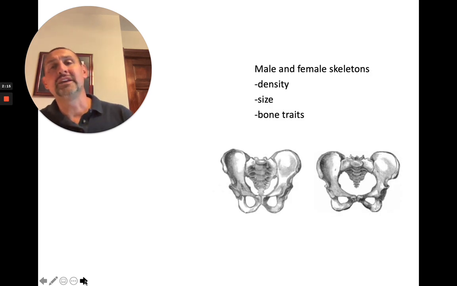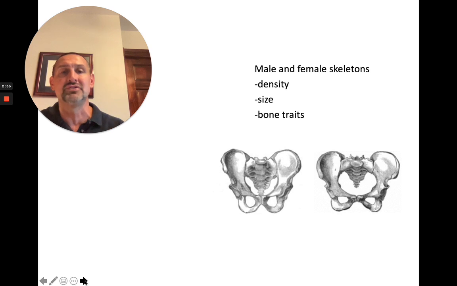There's a significant difference between the skeletal structure of males and females. Male skeletons tend to have a higher bone density. They're also larger bones. And then there's some specific bone traits that are unique to males and females. For example, males have a more angular jaw, whereas females have a more U-shaped jaw. The male pelvis is very distinct from a female pelvis.